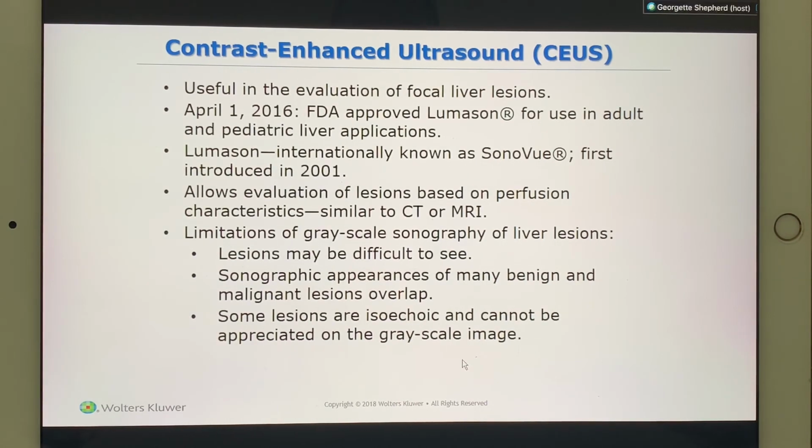Any questions over what we've talked about today? Yes, Ms. Shepherd. On the last question regarding the metastasis, which lab are we saying? AFP is for HCC, only for HCC.